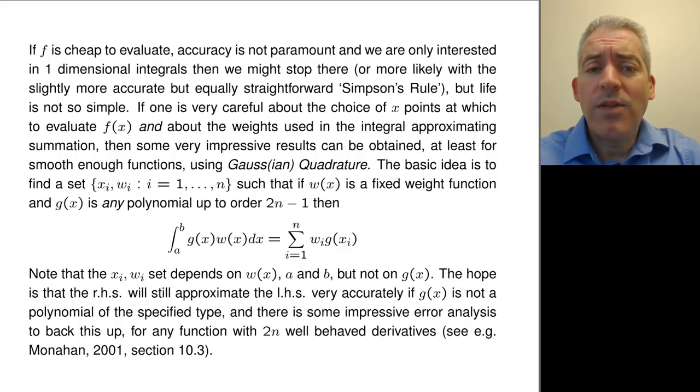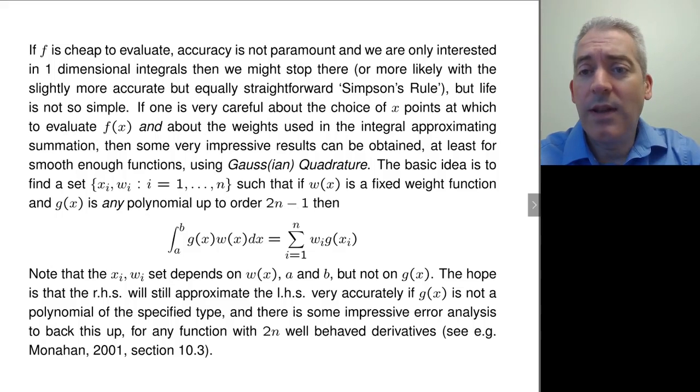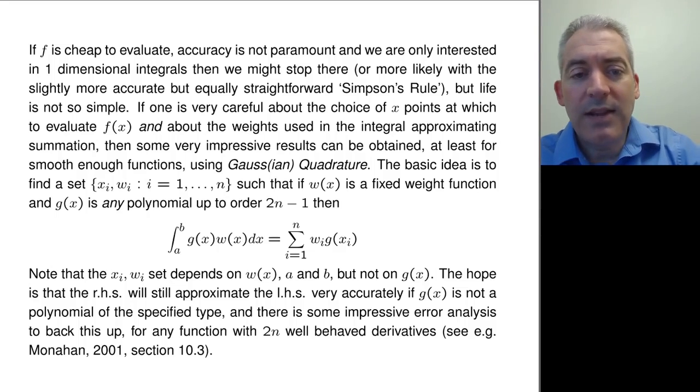So can we, on the basis of one single function evaluation, figure out exactly what the integral of any particular class of functions is? And here, if n is 1, then we're saying up to order 2n minus 1, so that would be, well, here just linear. So what we're saying is that with a single function evaluation, we can evaluate any linear integral perfectly.